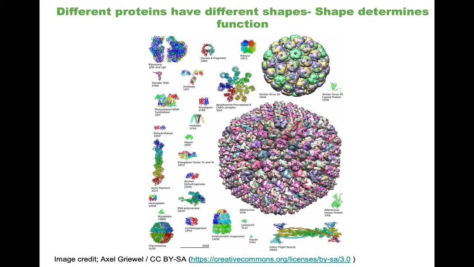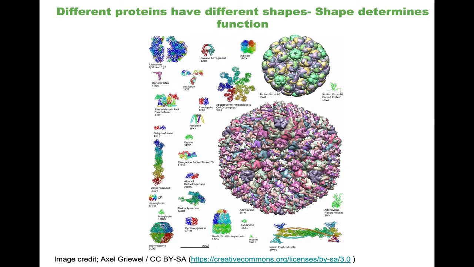Then we're going to look at actin. This is a protein that is involved in contracting our muscles and other things. You see it has a very different shape than the ribosome. Then we have alcohol dehydrogenase, which is an enzyme, very different from these two. And let's see what else we can. Lysozyme is an enzyme.